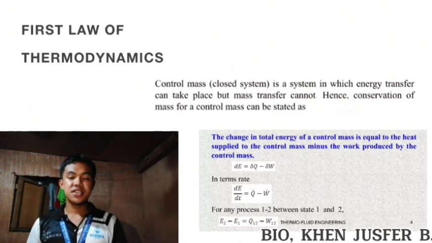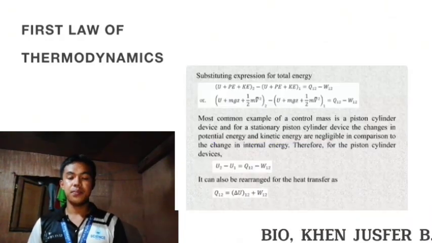Substituting expressions for total energy, delta U plus delta PE plus delta KE equals Q minus W, or delta U plus mg delta z plus m delta (V squared)/2 equals Q minus W.